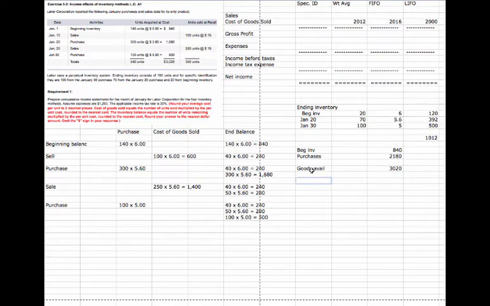Subtract minus my ending inventory of 1,012. So what I'm going to have is my cost of goods sold of 2008. So this is my 2008.